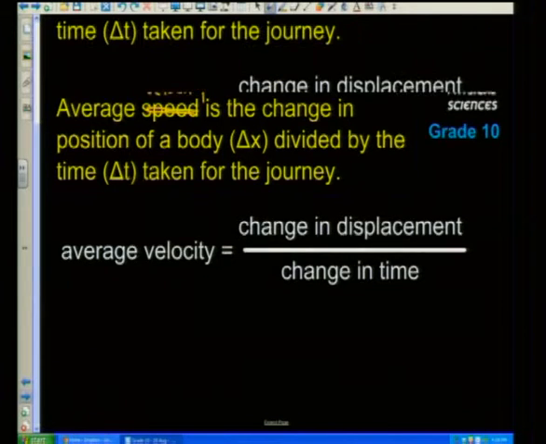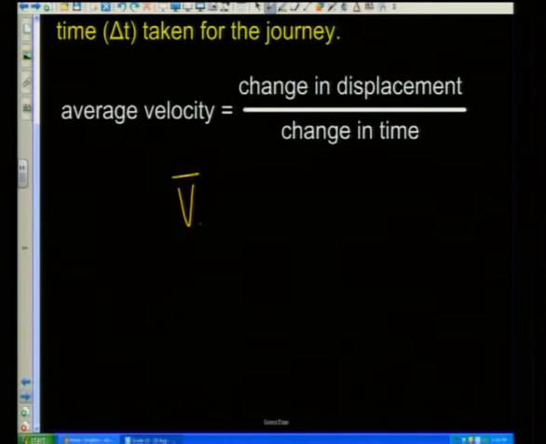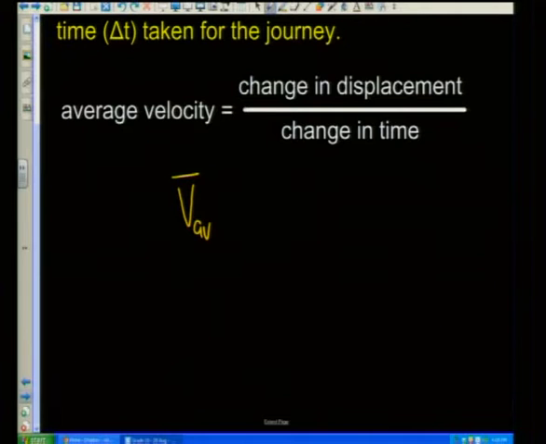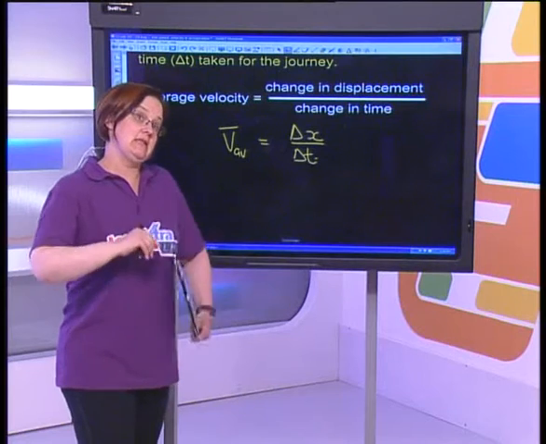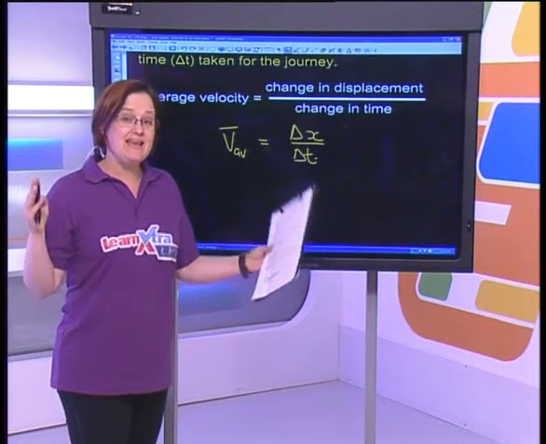Average velocity has a line over the top. The line tells me we're doing vectors now. It is change in displacement over change in time. You may not use a d here, because now, with displacement, the direction is really important.